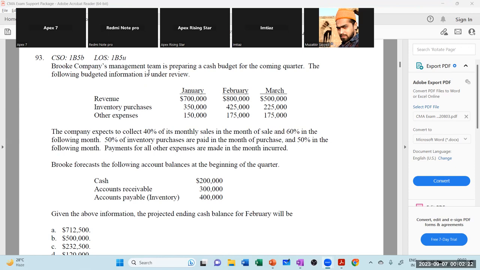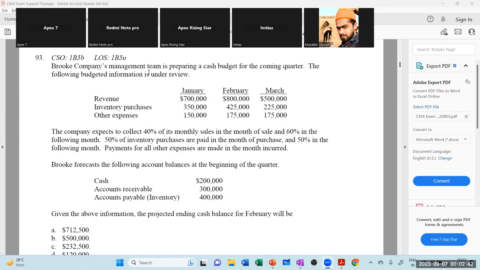Revenue of each month is given. The company expects to collect 40% of the monthly sales in the month of sales and 60% in the following month. Fair enough. 50% of the inventory purchases are paid in the month of purchase and the other 50% in the following month. Payments for all the expenses are made in the month that they are incurred.